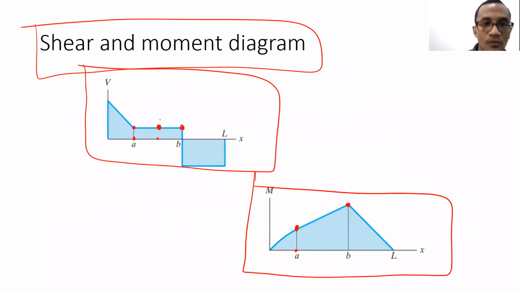This is the value of the shear force at C. This is the value of the moment at C. So basically, what we have done before will be represented as well in the shear force and the moment diagram.